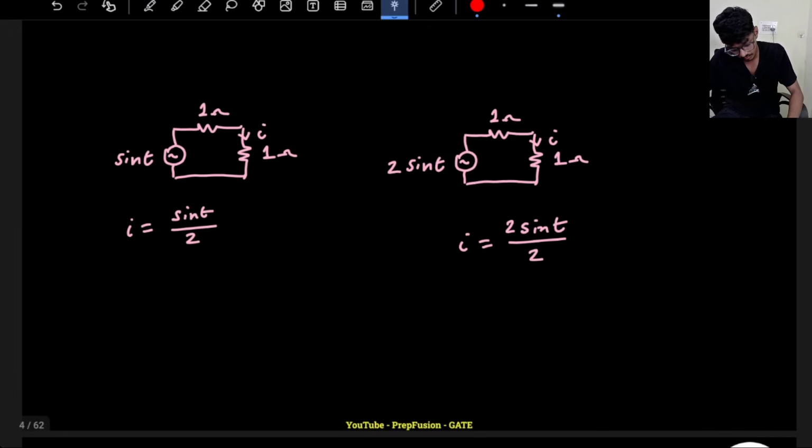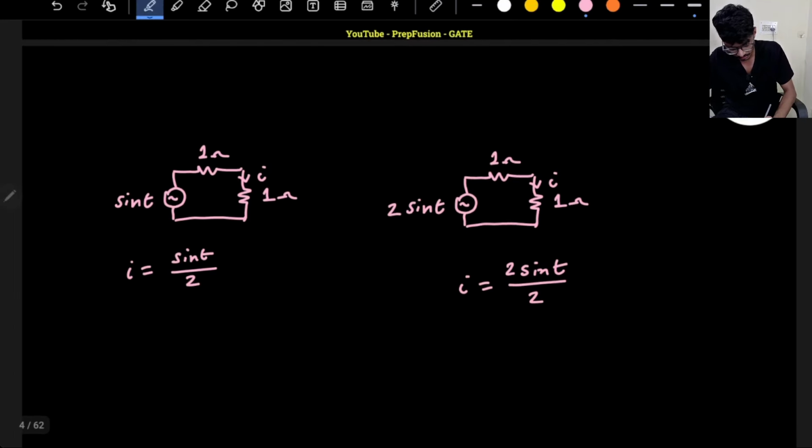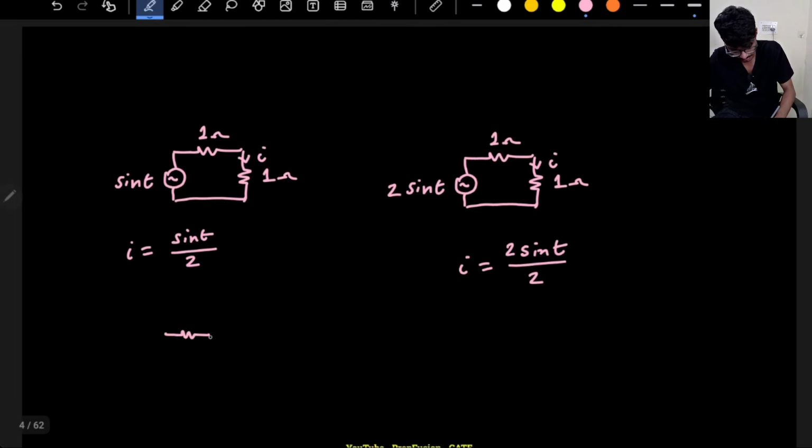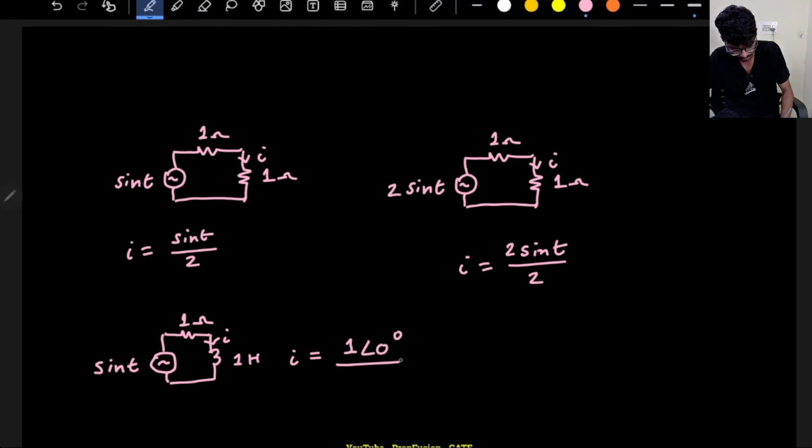Now let's take another example where the circuit contains an inductor or capacitor. Let's take inductor only. So L is 1 Henry and this is 1 ohm, and again my source is sin t. So now what will be the current? If I write the current, it will be voltage, sin t, or I can assume my sin t to be the reference, 1 angle 0, divided by the impedance, that is 1 plus j omega.